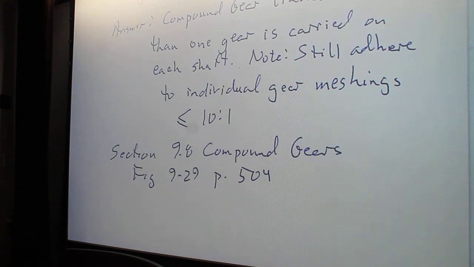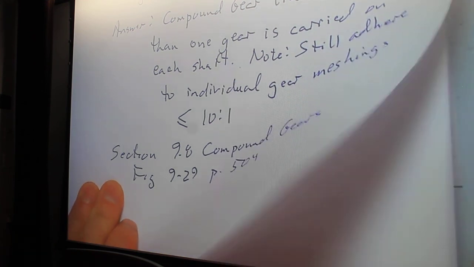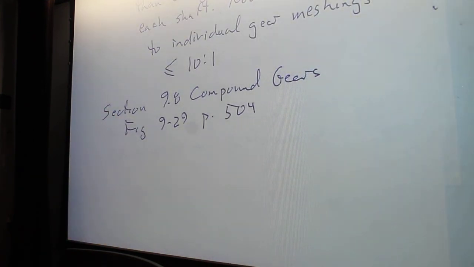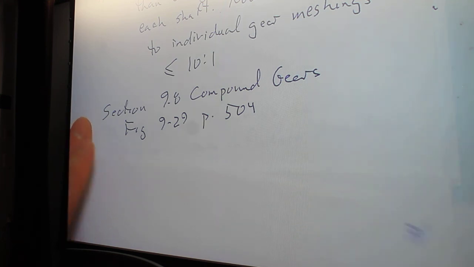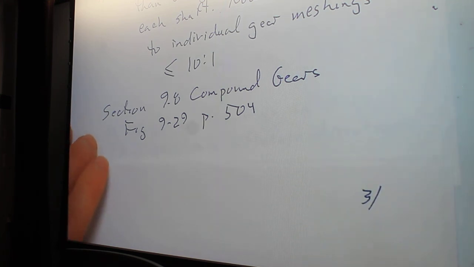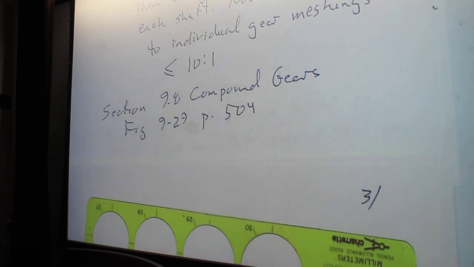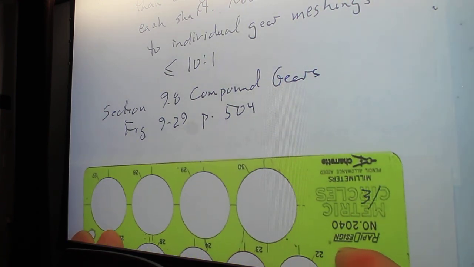So let me show you what this looks like. Is it 504 or 509? 504, I have it. 504, sorry. Yeah, 504. So my mouth is wrong, my writing is right. Okay. So if I look at something like this, so let me draw a compound gear set.